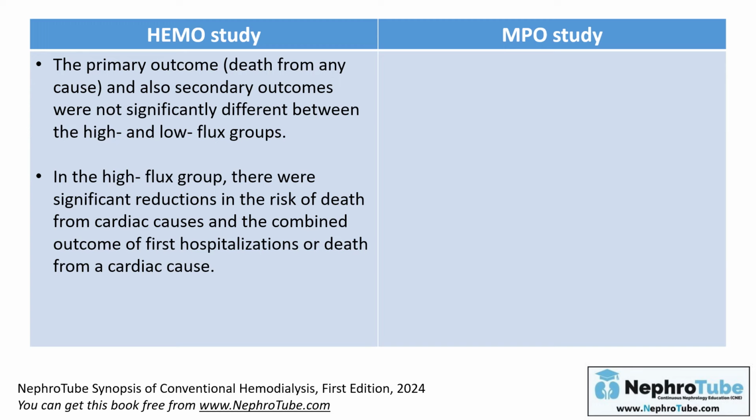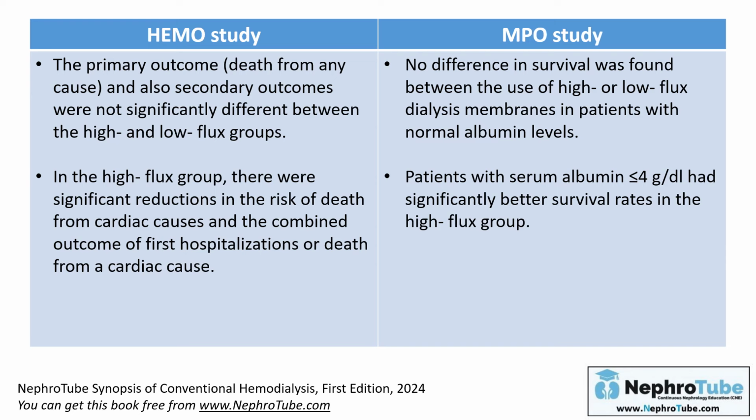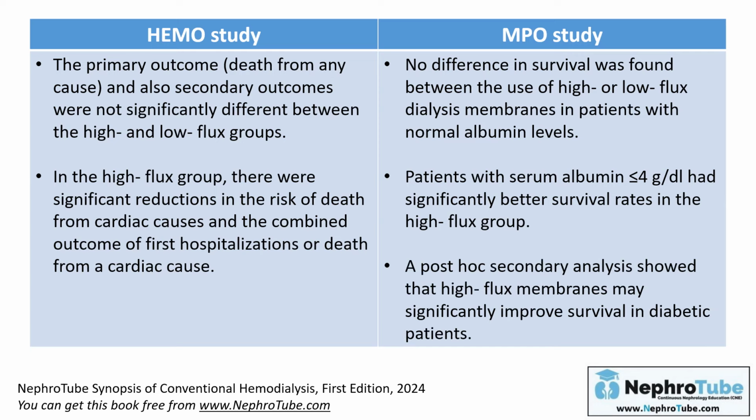They found that there is no difference in survival between high flux and low flux dialyzers in patients with normal serum albumin, but in patients with low serum albumin, there were better survival rates in patients using the high flux dialyzers. And finally, a post-hoc secondary analysis of the MPO study showed that the high flux membranes may improve survival also in diabetic patients.